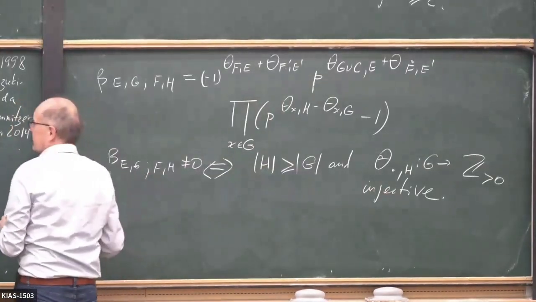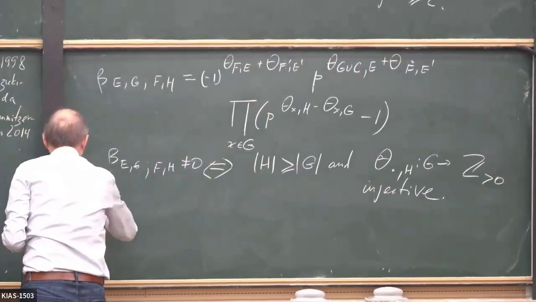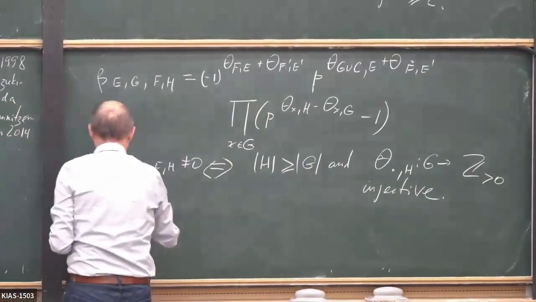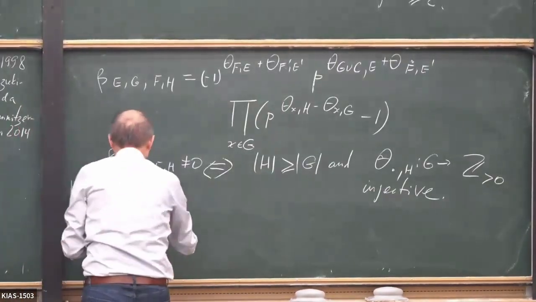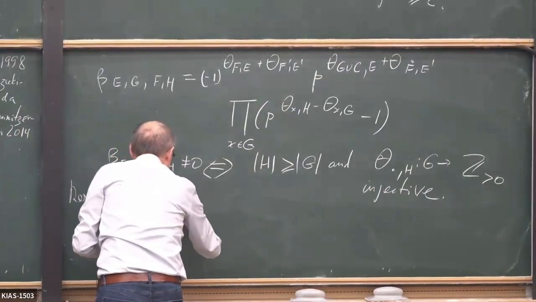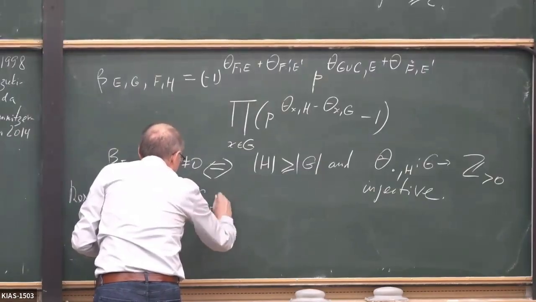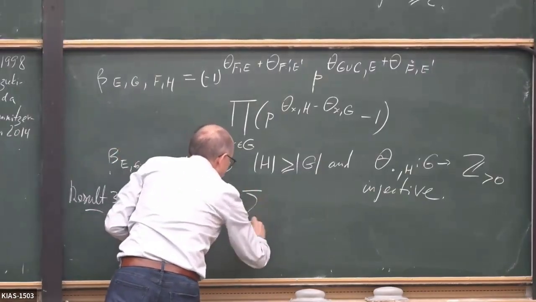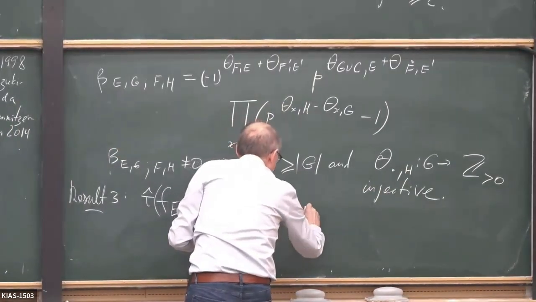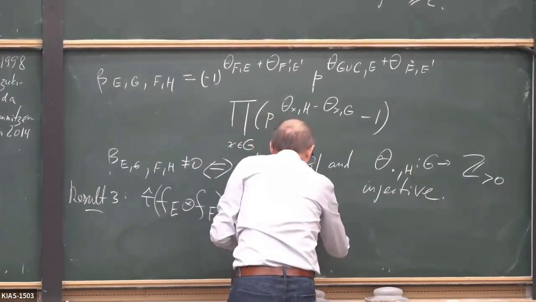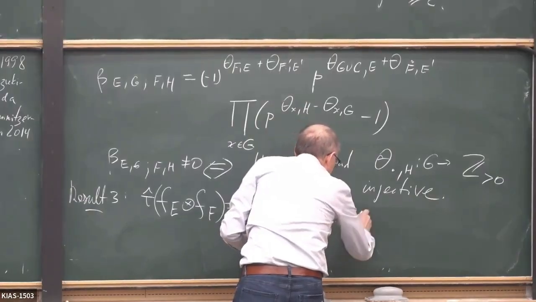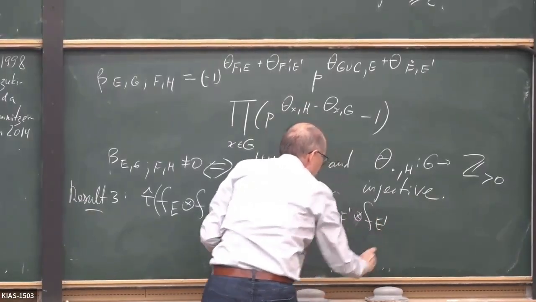Okay, and now result 3. Result 3 is a formula for tau hat acting on E tensor F. It is a sum of beta(E, G; F, H) times F prime tensor E prime.